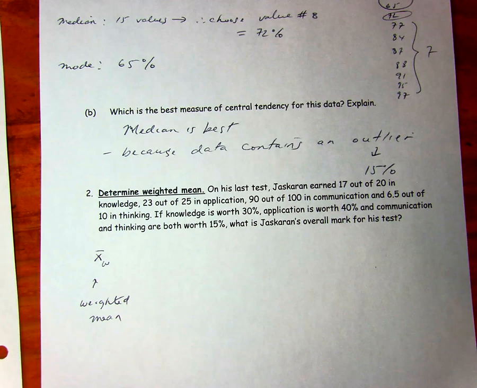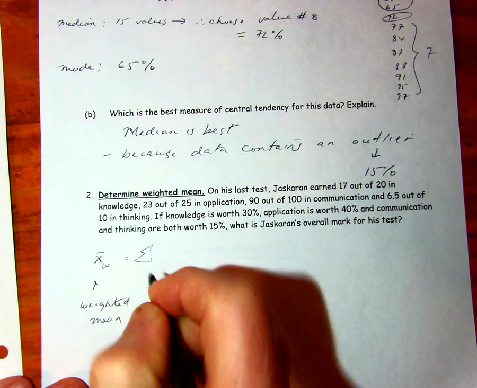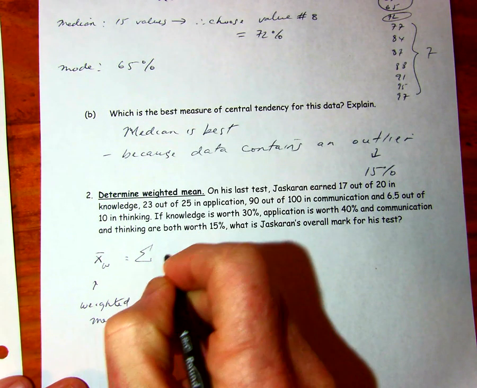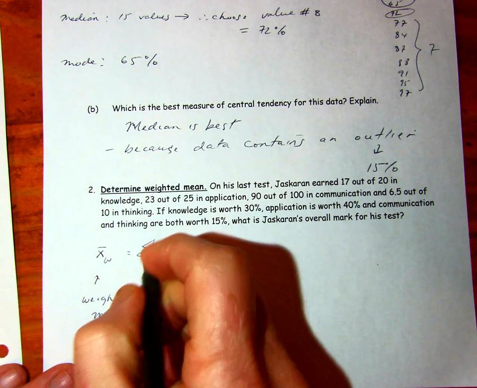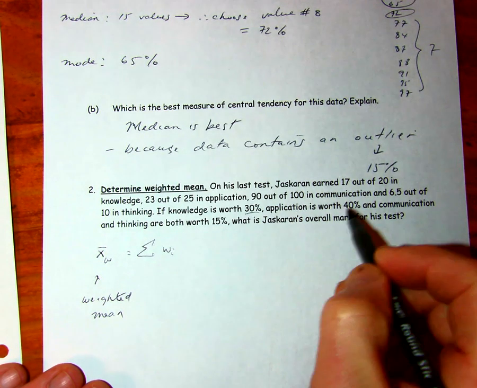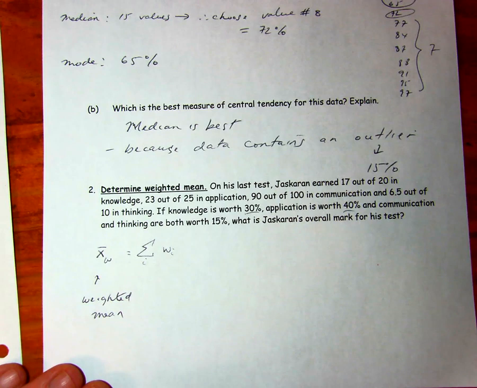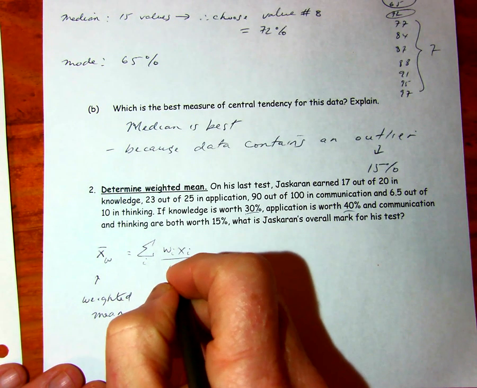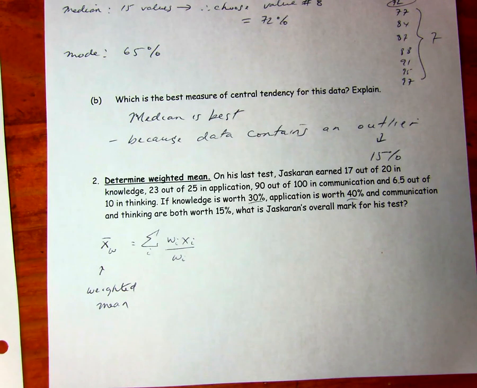It's going to equal the sum of the weights times the values, divided by the sum of all the weights. Wi are the different weights, and the weights here are 30%, 40%, and 15%.